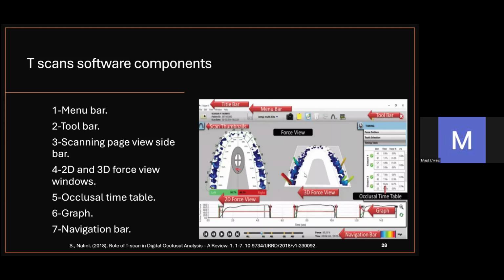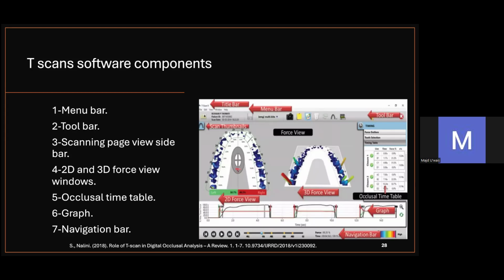And these columns will show on the screen once the patient bites on the sensor. So, in other words, the 2D and 3D view windows are like the articulating papers that show you the amount or intensity of the force.